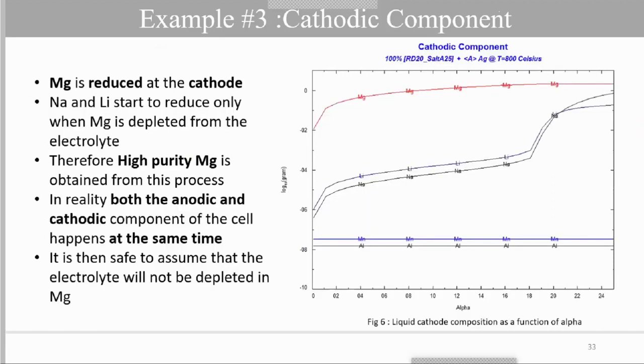When we scan the alpha parameter, the charge transfer, we can see that when we first start, it's principally the mag that is reduced at the cathode.